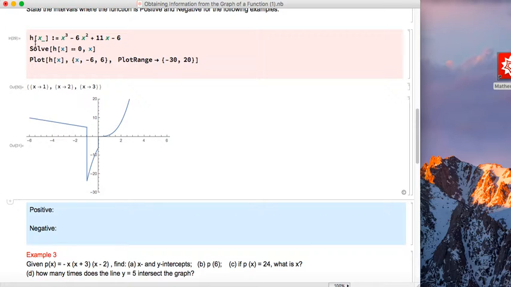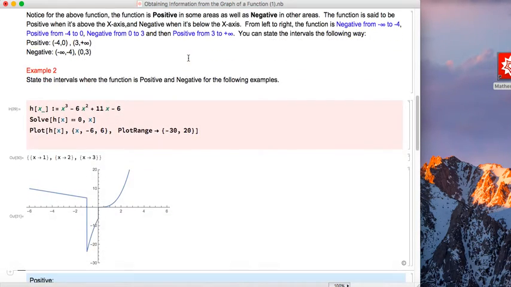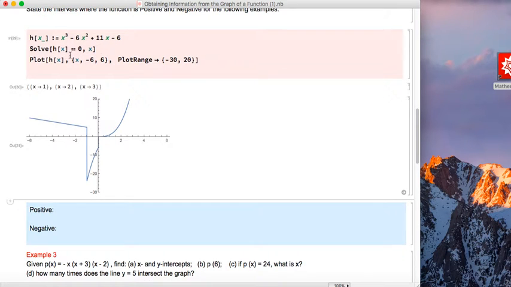When the graph of h(x), let me see what's happening here. The graph of h(x) consists of this part, then this part, then this part. So we separate this function into these 3 parts. And there's a vertical tangent here, and a vertical tangent here. We want to see where the graph is positive and where it's negative. The positive is when the graph is above the x-axis.